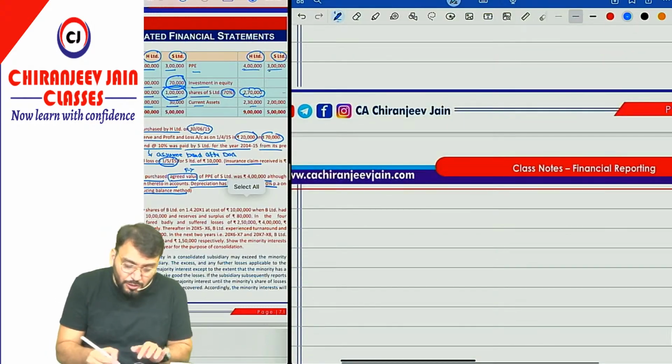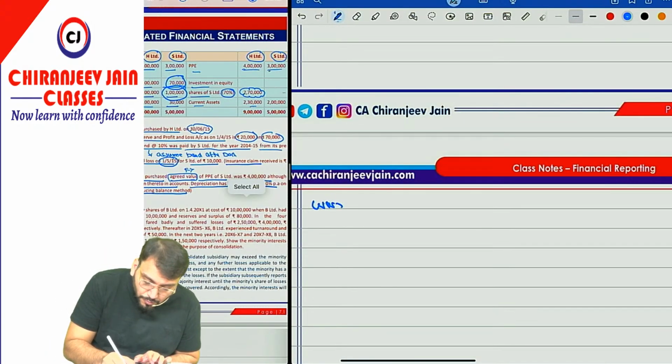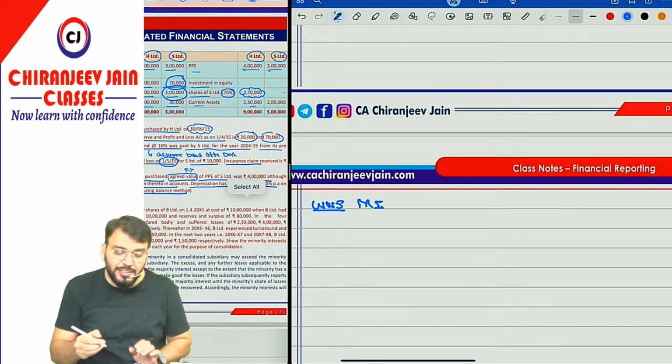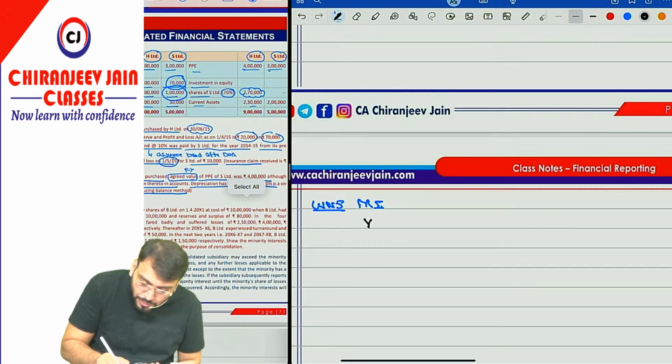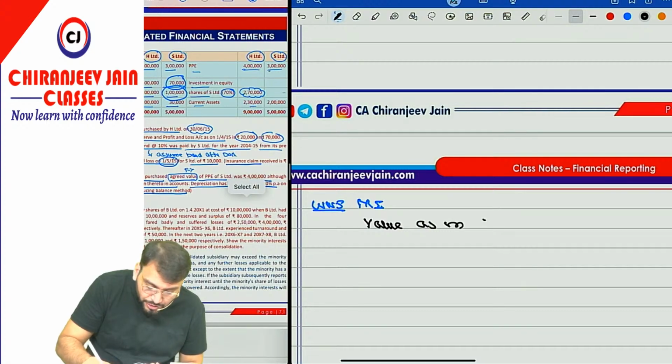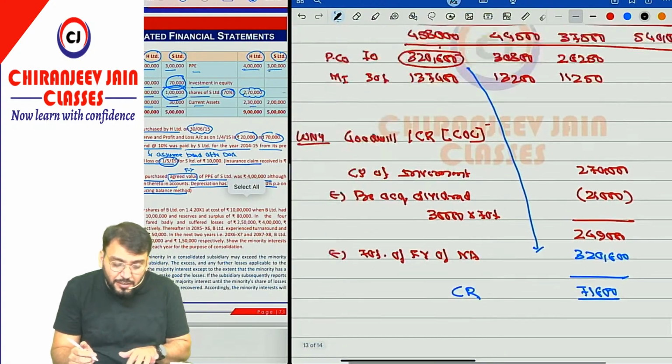Then come to working note number 5. Working note 5 will be minority interest. In the exam, write down the full term, minority interest. Now what is the value of minority interest as on the date of acquisition, that is 30 June 2015? We already calculated it.